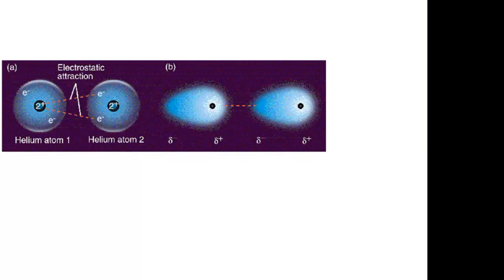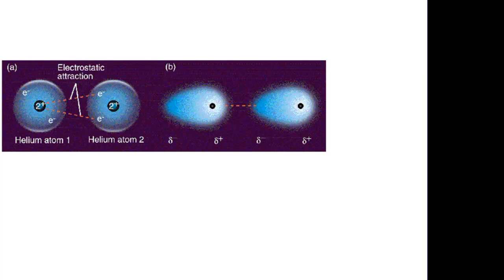London dispersion a lot of times is the hardest for us to understand. We have nonpolar molecules. So in this case, an individual atom of hydrogen, or helium, sorry. Individual atom of helium. Two electrons around the nucleus, which has a positive 2 charge. Those electrons are in the 1s orbital.